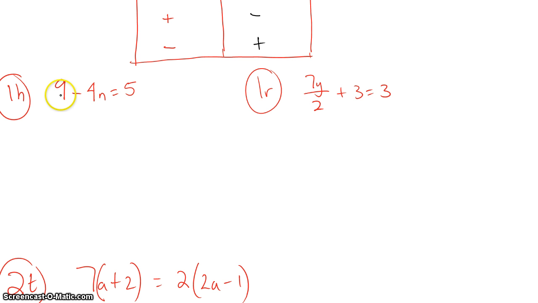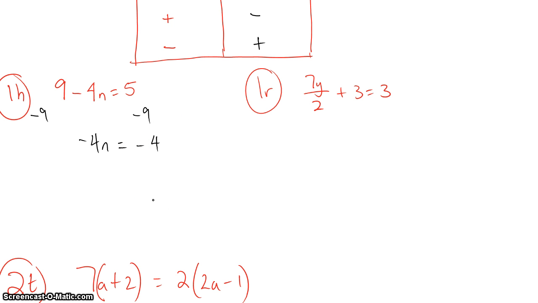So what I want to do is get this 9 over to the other side, because I just want n's on this side. Again, I'm making a couple of assumptions. If you don't understand it, please let me know. So I'm going to subtract 9 on both sides, and I get -4n equals -4. 5 minus 9 is -4.